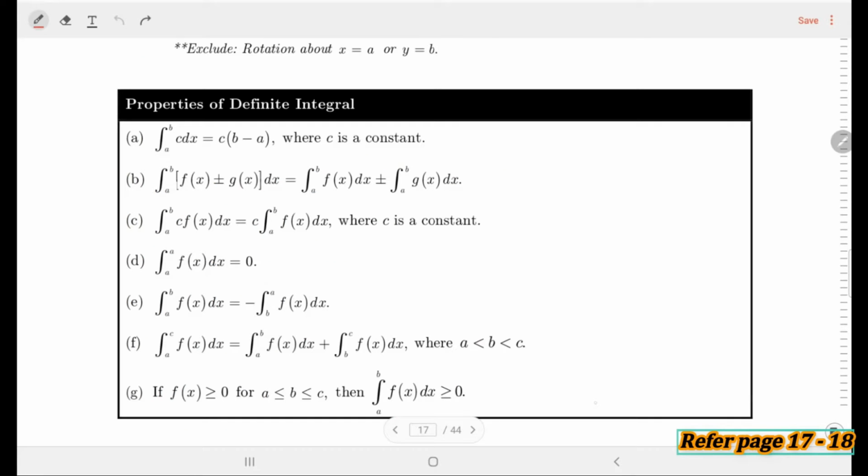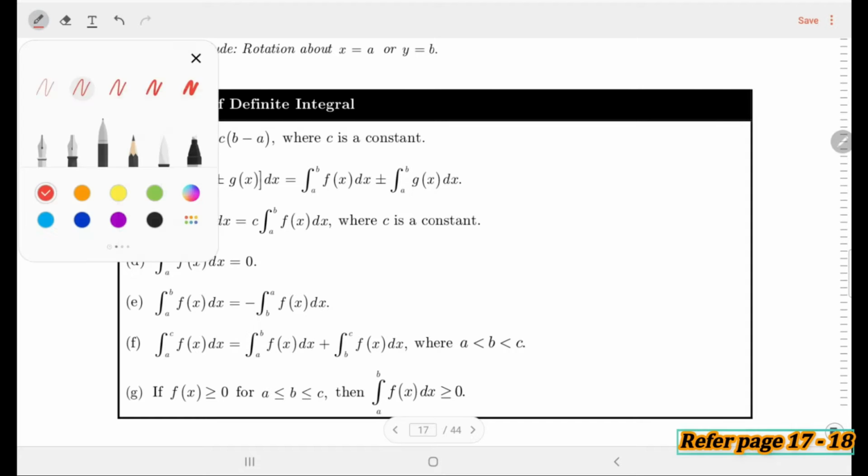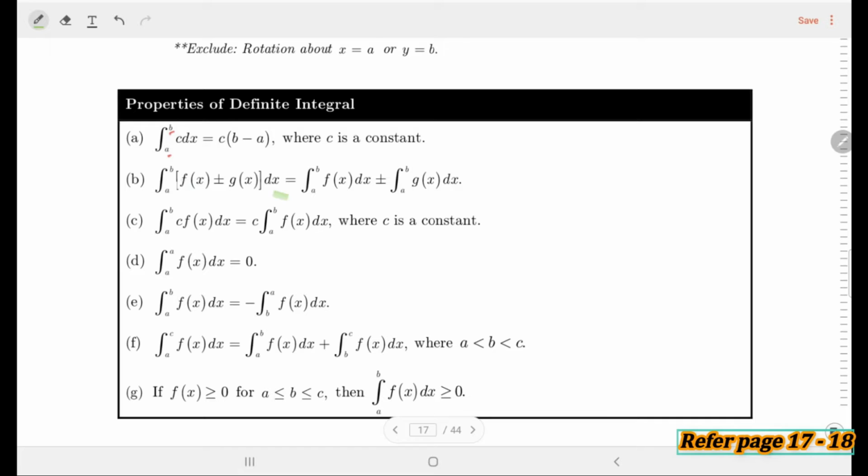Now we look at the properties of definite integrals. For A, we have lower limit a and upper limit b. c is a constant, so we just do c times (b minus a). For part B, we have two functions, f(x) and g(x).